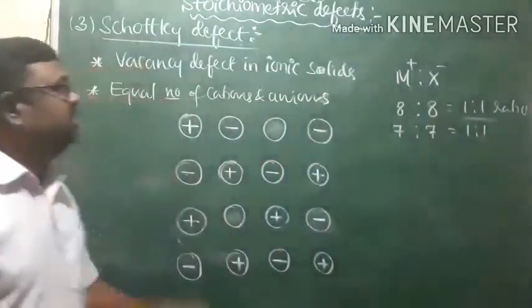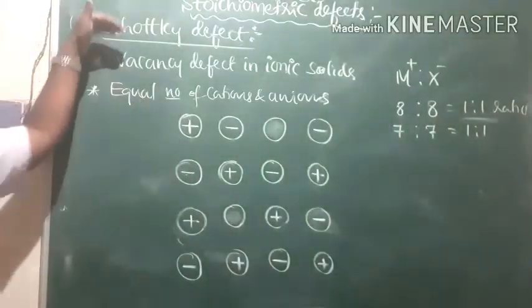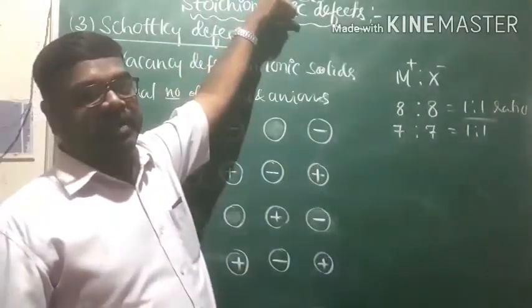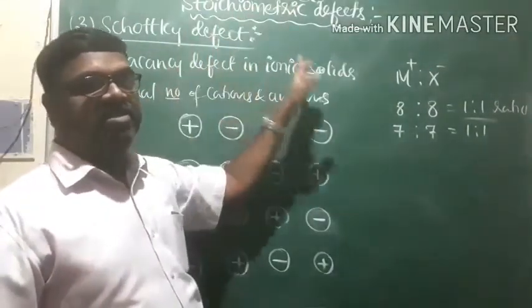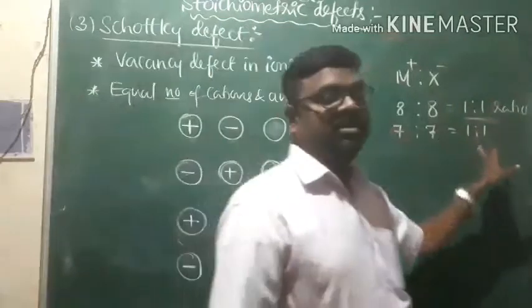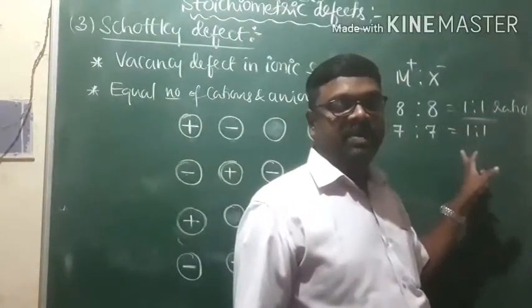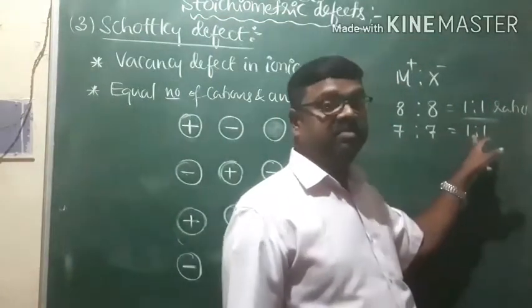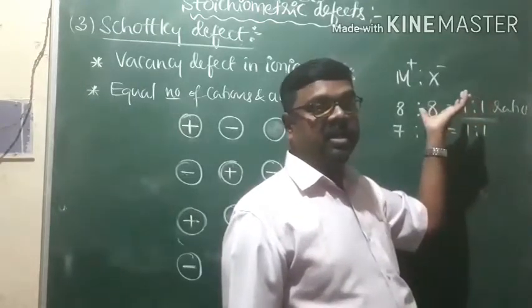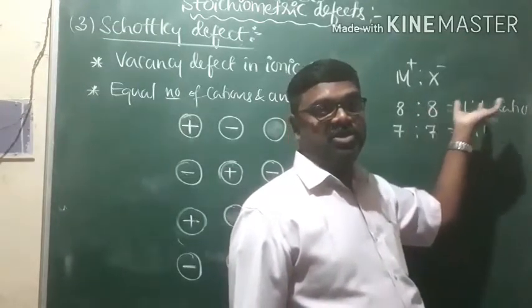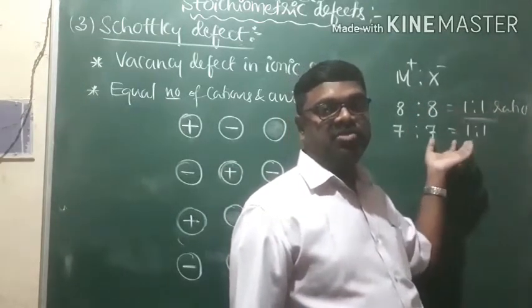Even then, the stoichiometric ratio remains 1:1. Therefore, as I said, Schottky defect is one of the stoichiometric defects, because it is a defect that does not alter the stoichiometry of the crystal. Before the defect, the ratio was 1:1. After the defect, the ratio is 1:1.